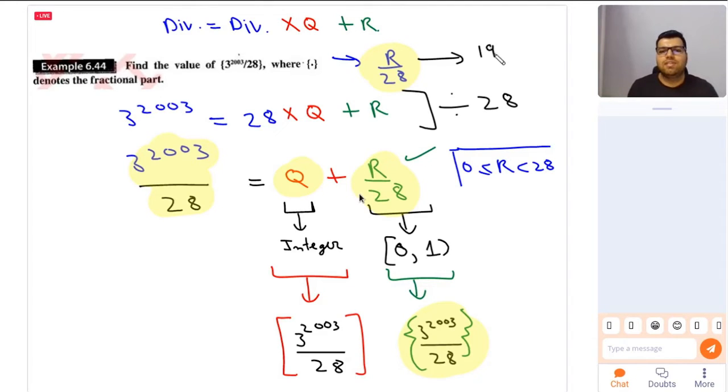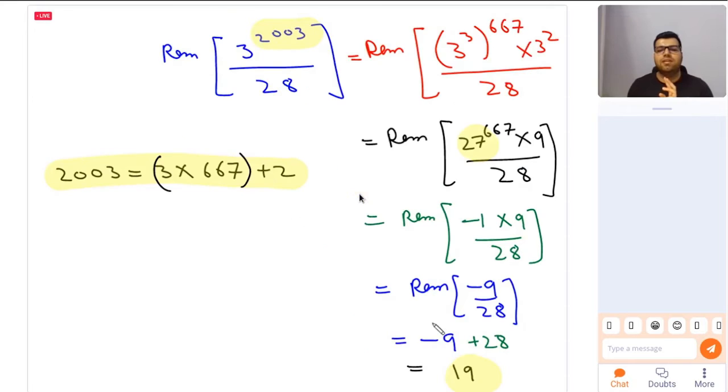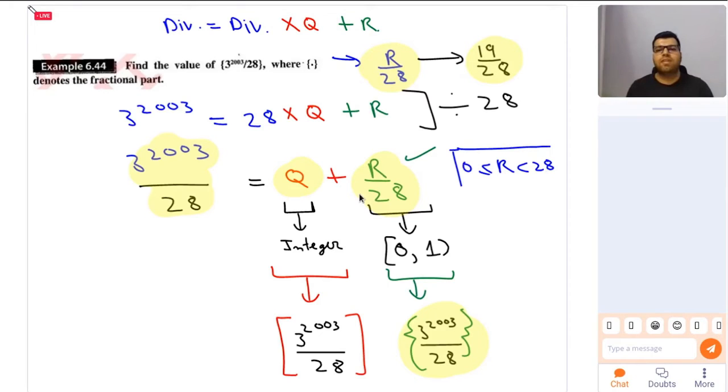I will just explain again why we keep the answer as R by 28 when the fractional part is involved, so that it becomes very clear to you. The remainder I calculated as 19, and I know the fractional part of this value will be R by 28. So the answer is 19 by 28.